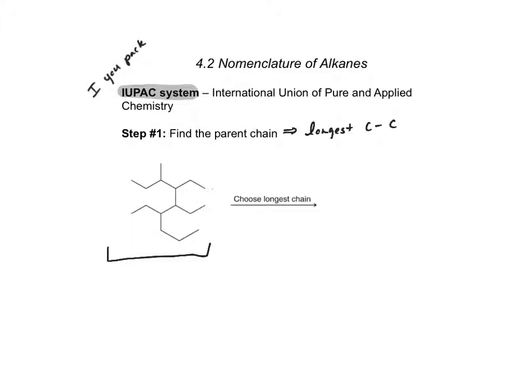So let's say I started going through this, and I said, okay, I've got 1, 2, 3, 4, 5, 6 carbons. So that chain gives me 6. There are other little branches off here, though. I could say, okay, I've got 1, 2, 3, 4, 5, 6, 7. So that chain gave me 7. I could also say, okay, I've got 1, 2, 3, 4, 5, 6, 7, 8, 9.